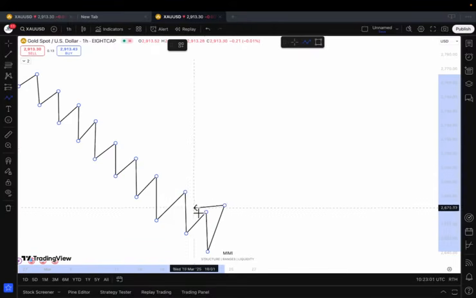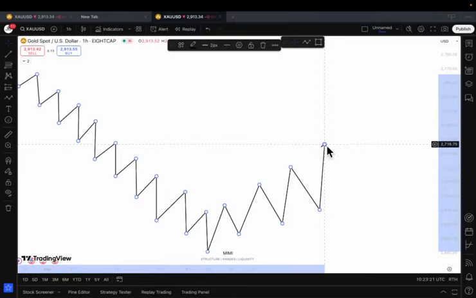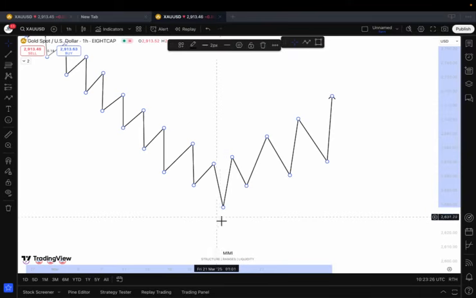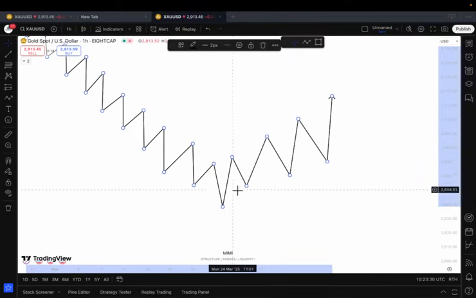So price takes out this point, change of character, and for this point to be confirmed a range, price after giving us a change of character in the 4 hours time frame needs to break structure 3 times externally. If this happens, then this point becomes our range low.